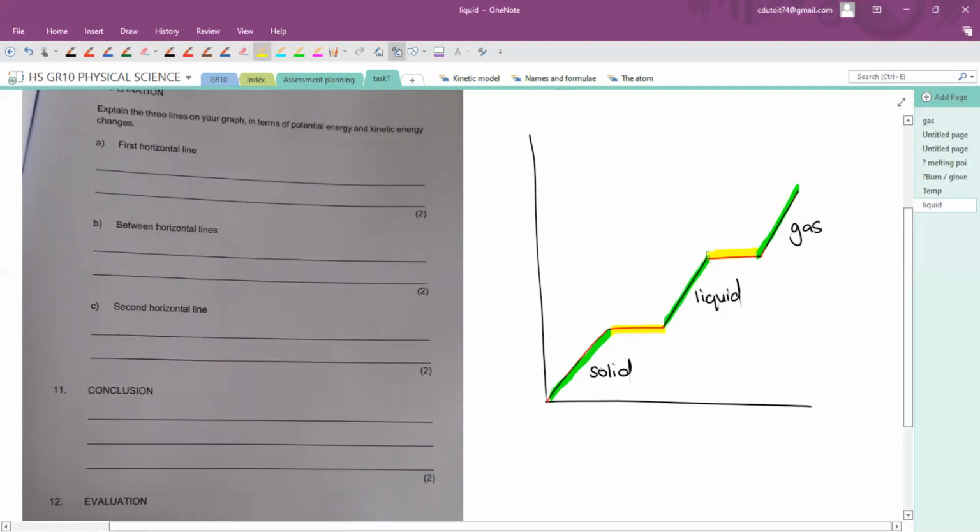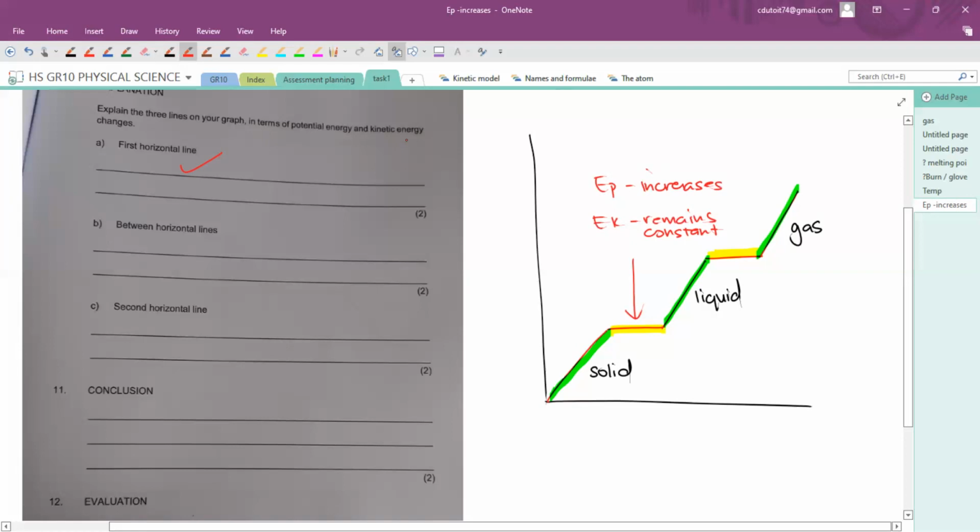In the horizontal line, the potential energy increases and the kinetic energy stays the same. So in each one of these yellow lines, the kinetic energy remains constant, while the potential energy, EP, increases. Explain the 3 lines on your graph in terms of potential energy and kinetic energy change.